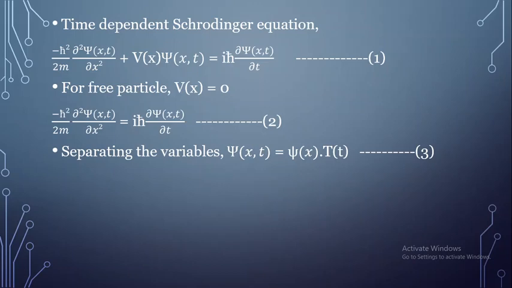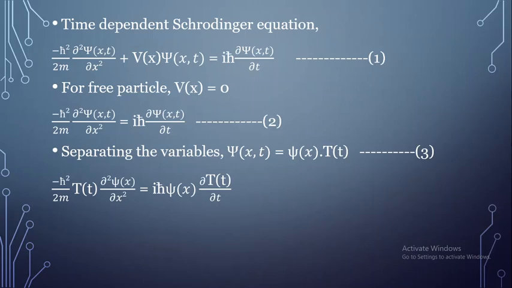In order to find the solution for equation number 2, let us substitute the value of Ξ of x comma t. In the LHS, we have ∂² by ∂x², which means differentiation is with respect to position. That's why ξ of x will be inside the differentiation part and T of t, which is the time dependent term, will act as a constant.